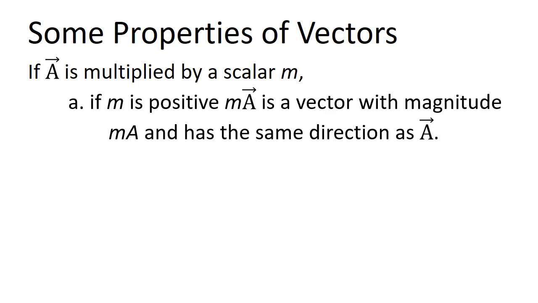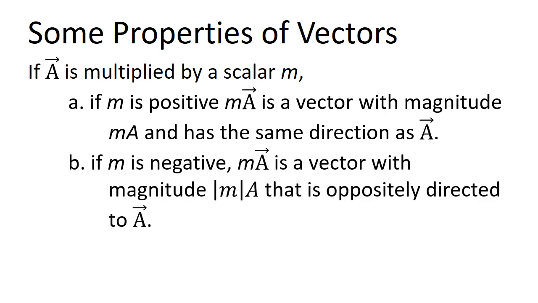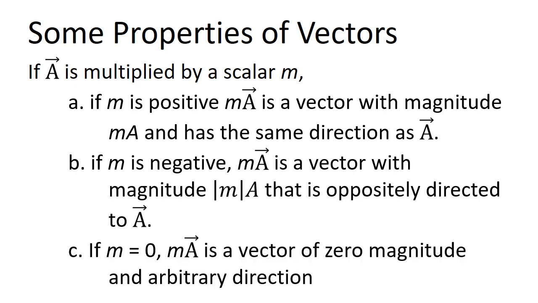Letter A, if m is positive, then m times vector A is a vector with magnitude m times the magnitude of A and has the same direction as A. B, if m is negative, m times vector A is a vector with magnitude the absolute value of m times the magnitude of A that is oppositely directed to vector A. And lastly, if m equals 0, m times vector A is a vector of 0 magnitude and arbitrary direction.